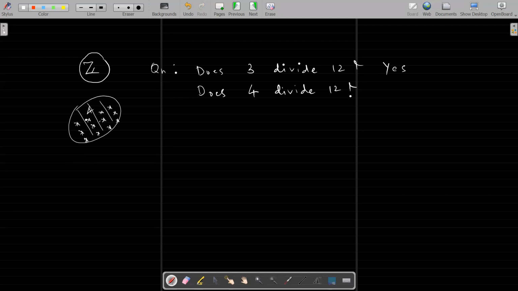And now there is nothing left with me. So when I distribute 12 chocolates among 4 students evenly without any quarrel, I'm left with none. If there is no chocolate left and no quarrel, which means I have distributed evenly among those 4 people, then the answer is yes, right?